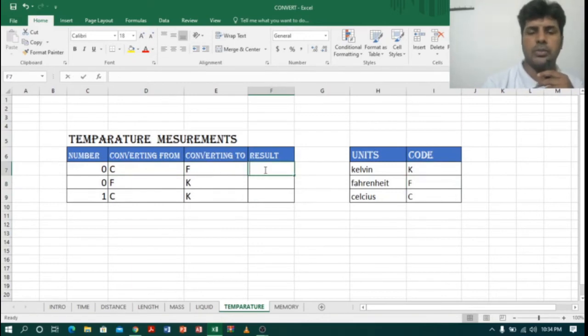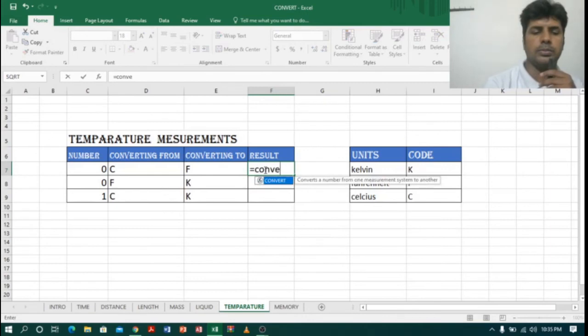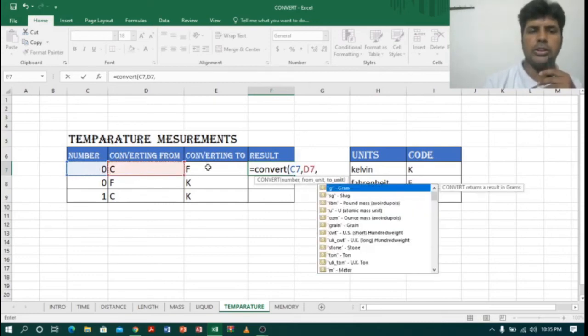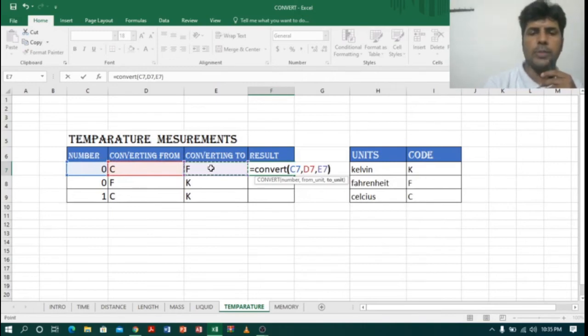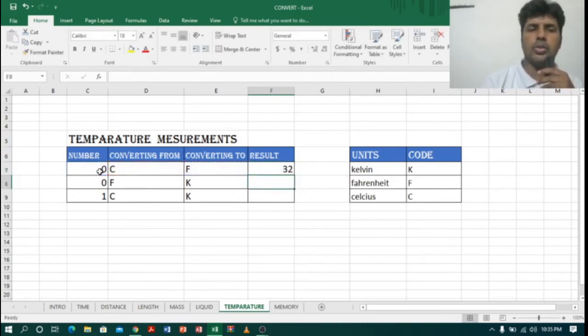So =CONVERT, open bracket, first 0, comma, next C, which is D7, next E7, close bracket, enter. Nice. So 0 Celsius is 32 Fahrenheit. Let me drag this one. Now you can see the other values also. Nice, right? So remember, all the temperature units should be capital.